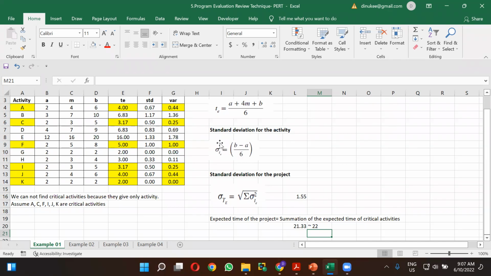This is for the standard deviation for the activity. After getting the standard deviation, you can easily get the variance for the activity. So the variance means you have to take (B minus A) divided by 6 and take the power of 2.